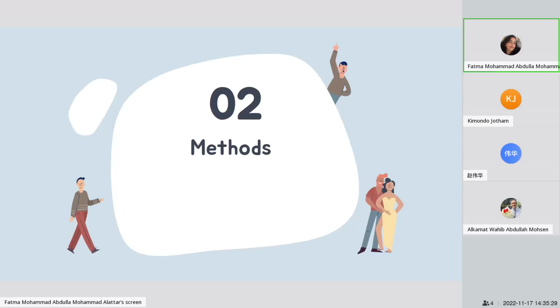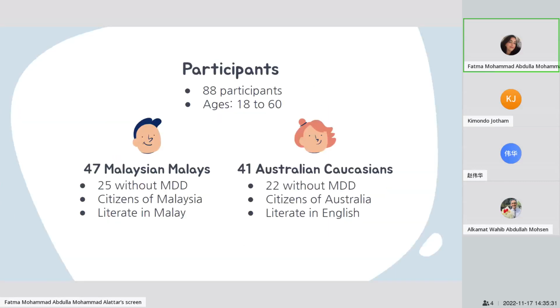So, what are the methods used in this experiment? But first, we need to talk about the participants of this study. There were 88 participants in this study from the ages of 18 until 60 years old. 47 of these participants were Malaysian Malays, 25 of which did not have MDD.